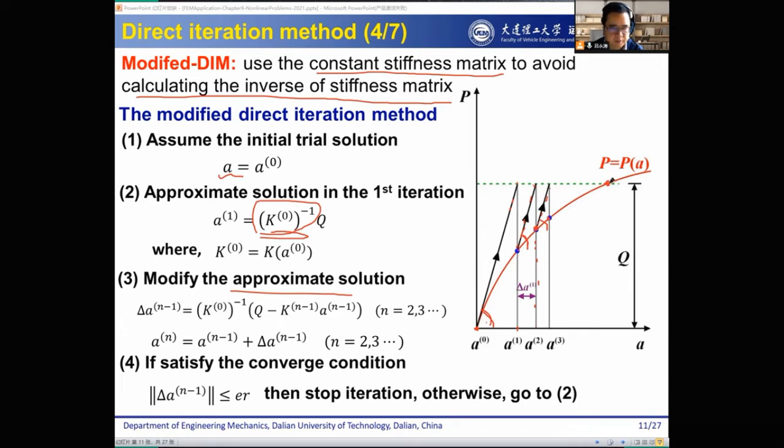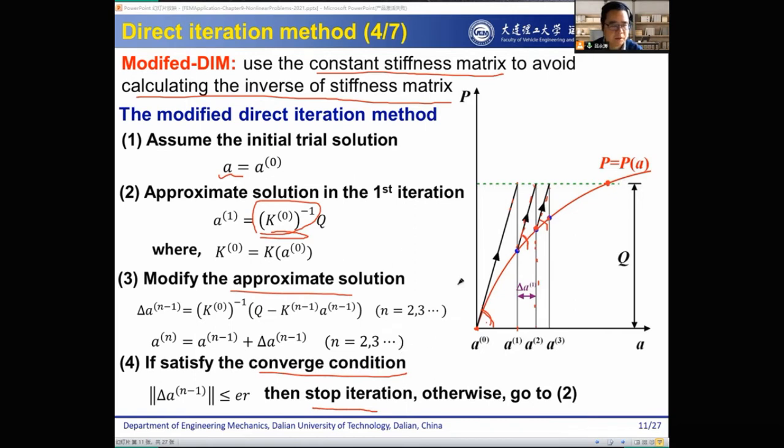When it converges to the true value, the convergence condition will be met, and then we stop the iteration. If it does not converge to the true value, the convergence condition will not be met, and we keep going with the iteration.